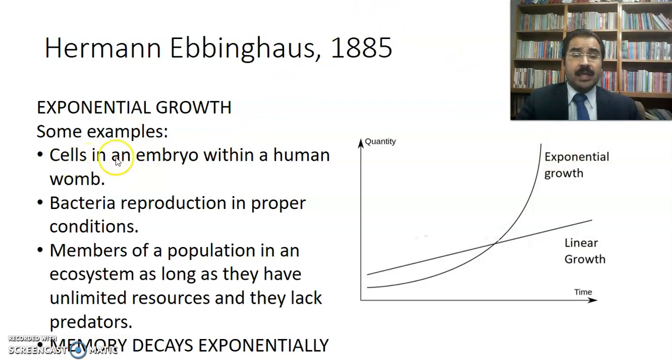For example, cells in an embryo, before being a baby, an embryo has to grow within the human womb in our mom. So cells also grow at this rate, exponentially.